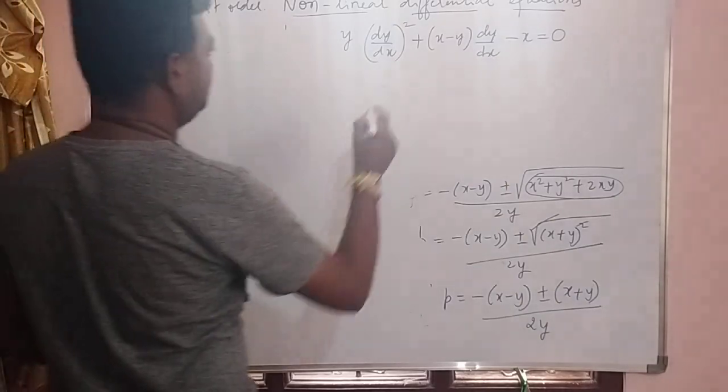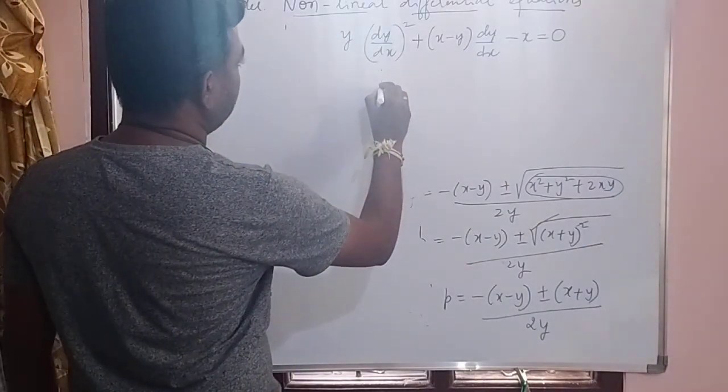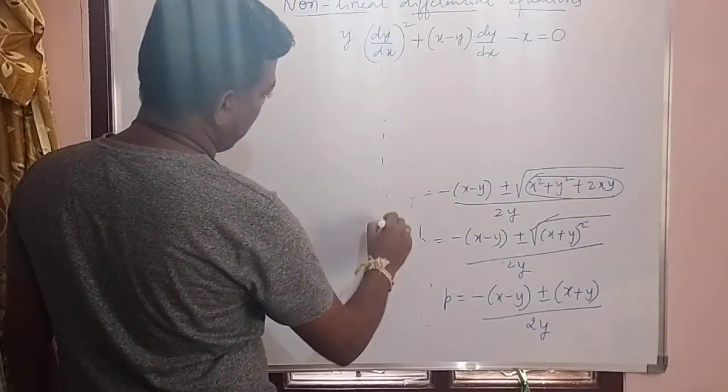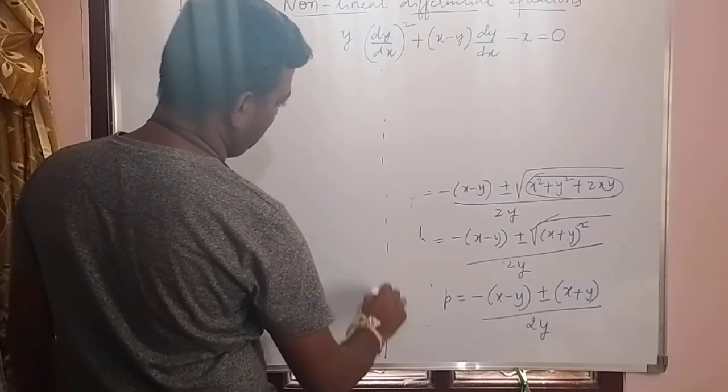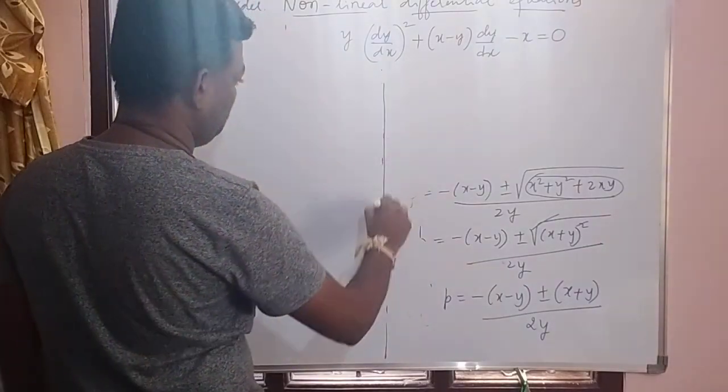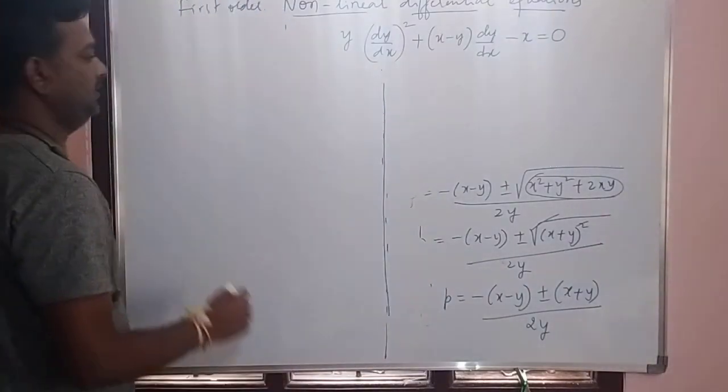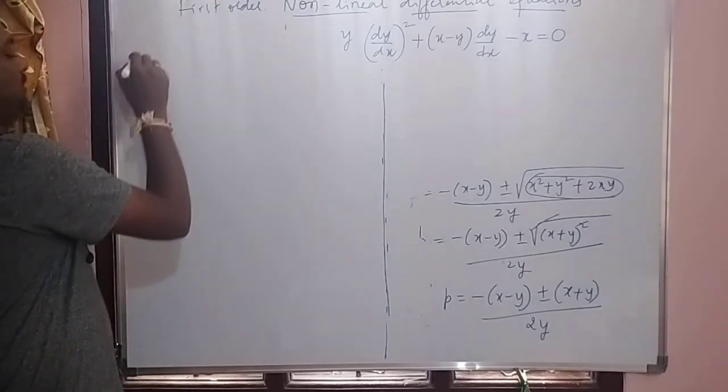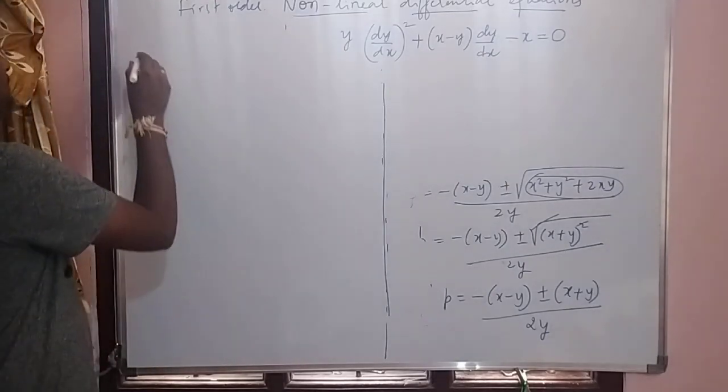Further, you can divide the screen. Okay. Now p is equal to, you can take positive sign.